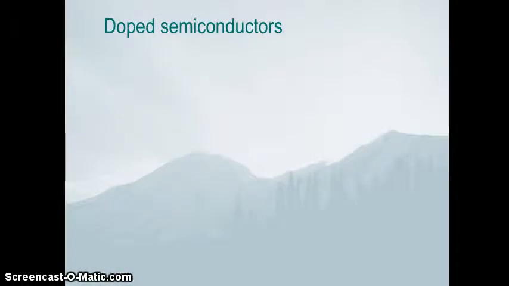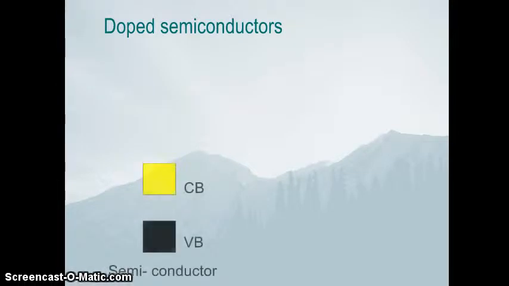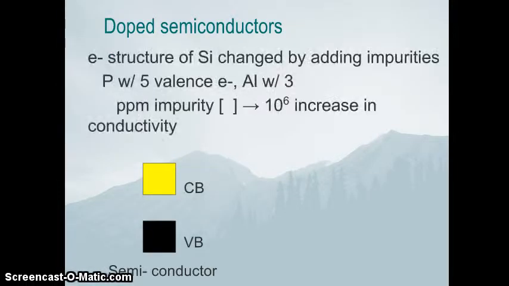Semiconductors being an important part of today's society, we actually want them to be very conducive to transmitting electricity. And we can increase the conductivity. This doesn't change the band gap, but what we're essentially doing is tweaking the semiconductor.